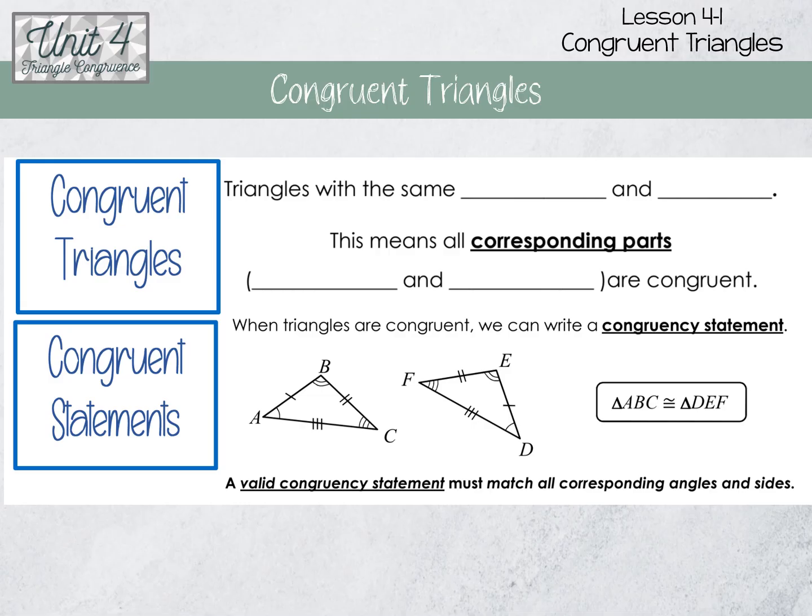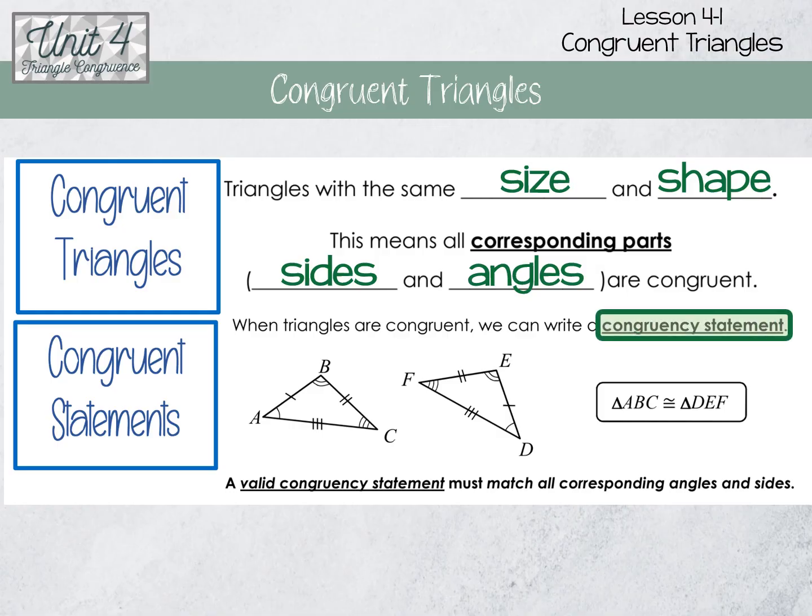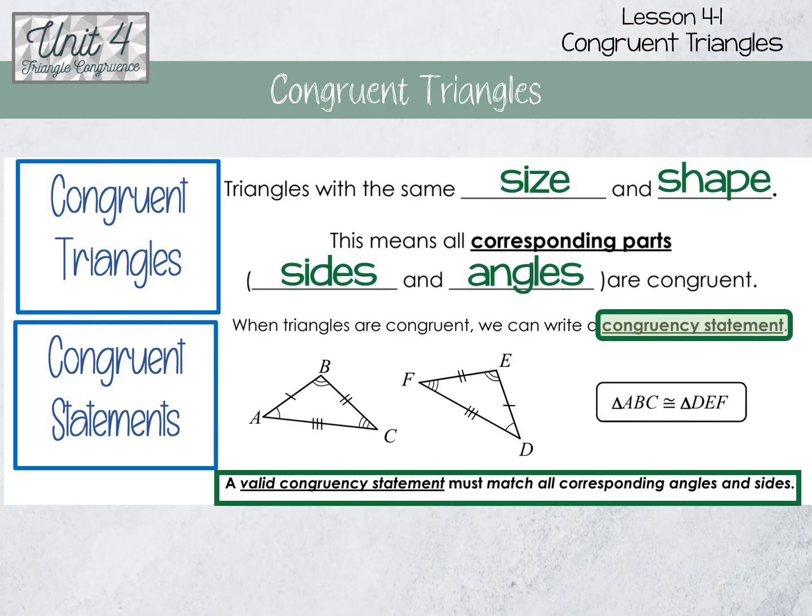Congruent triangles: triangles with the same size and shape. This means all corresponding parts, sides and angles, are congruent. When triangles are congruent, we can write a congruency statement, and we've got to match all corresponding angles and sides. So first of all, A has one arc, so does D. So angle A is congruent to angle D. They both have one arc in them.